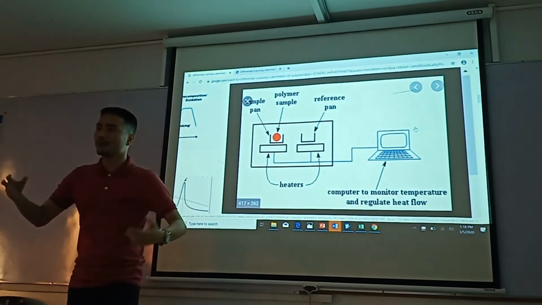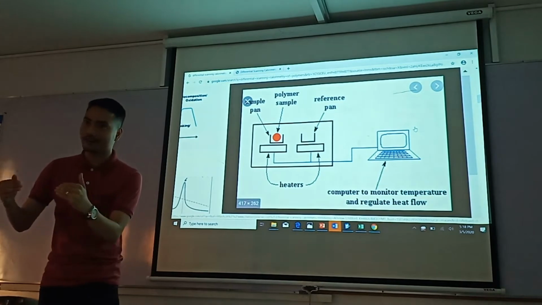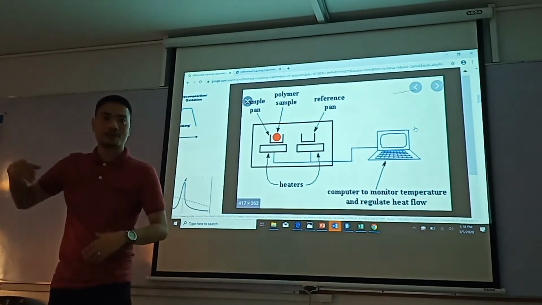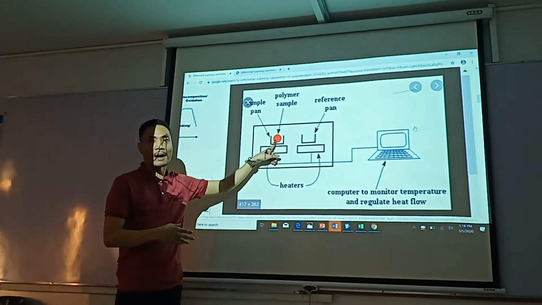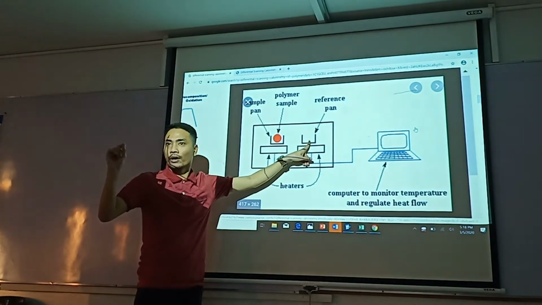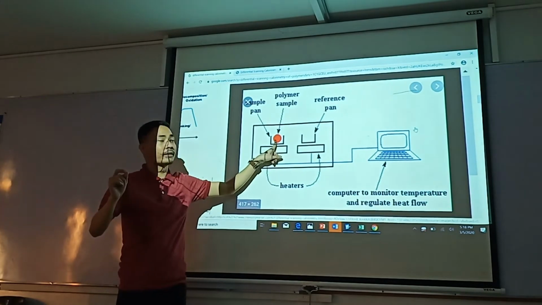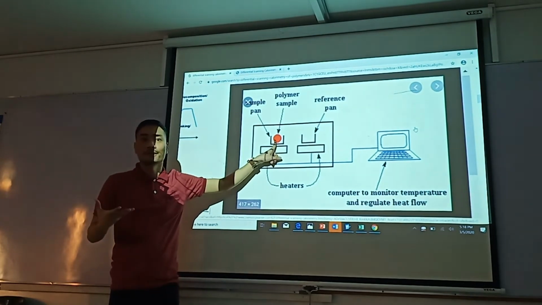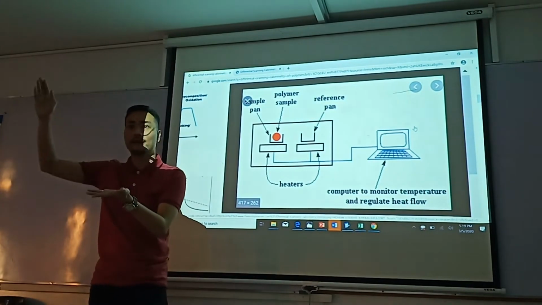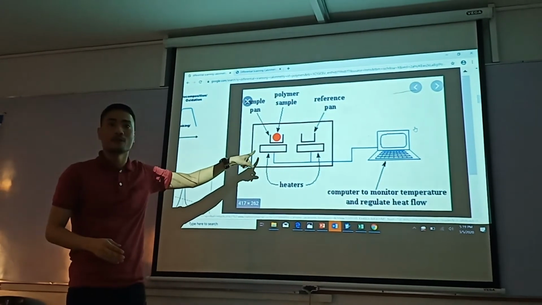Of course, there will be what? Corresponding difference in the absorption of heat. Right? Because the one has a sample, the other one doesn't have a sample. So there will be more absorption of heat where? In the pan with the sample, right? So the difference in heat absorption is the one being reported in the DSC equipment.